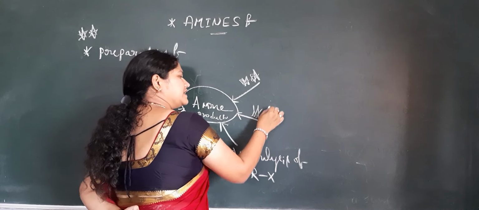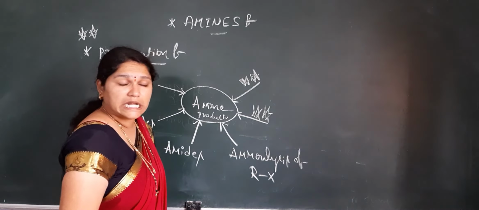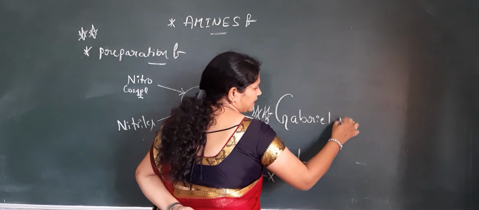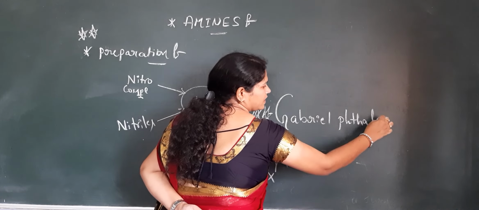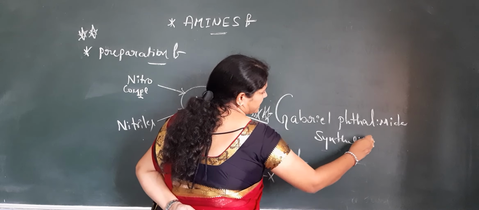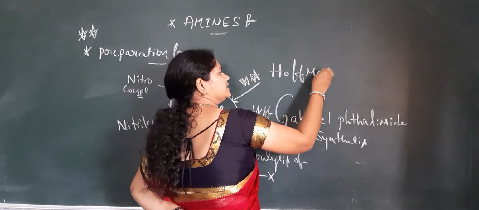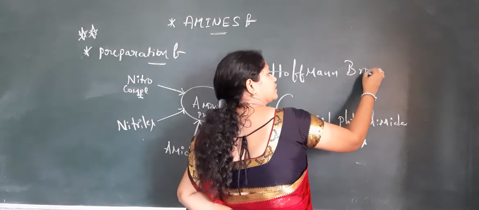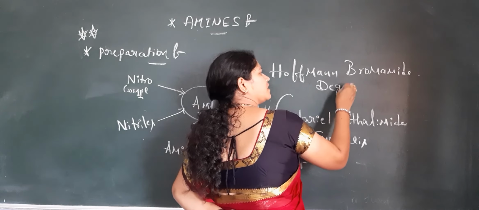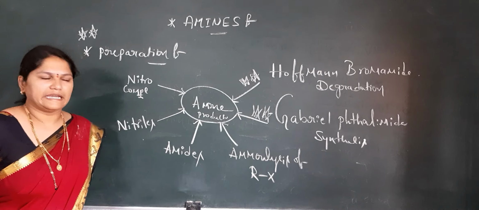As I said, how many named reactions come in amines? 3 reactions come. Of those, 2 reactions are in preparation. So note this. One is Gabriel phthalimide synthesis. First reaction is Gabriel phthalimide synthesis. Second one is Hoffmann bromamide degradation reaction.